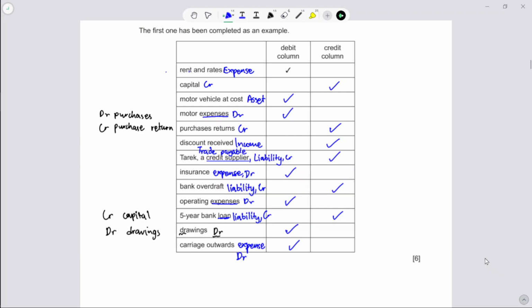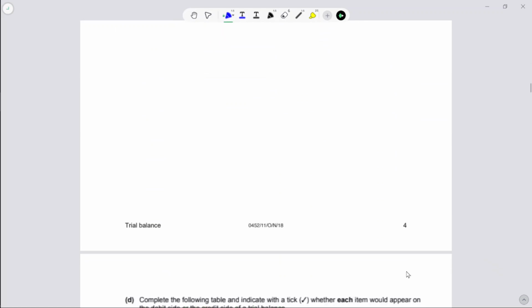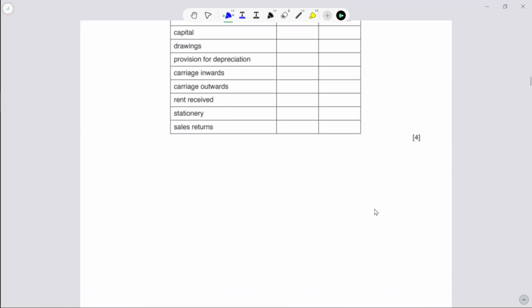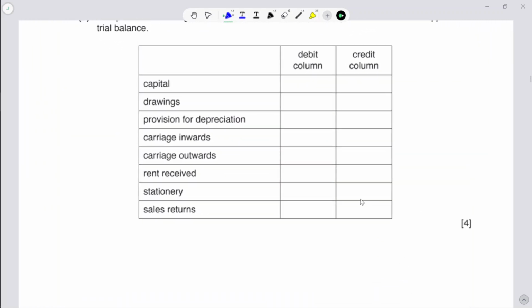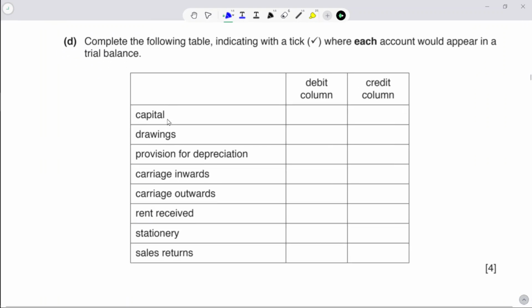Now let's go to the next question. Now let's go to page 4. For capital, we credit. Drawing, you see debit. Provision for depreciation, this one will be in a later chapter.